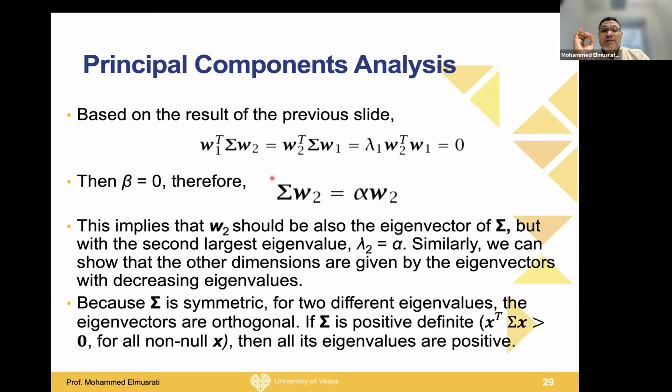Those 20 features, the new dimensions, every feature is a linear combination of the original 50 features. So you have to remember this. Every feature of those 20 is a linear combination of the original 50. So you cannot simply drop the original features, but you can project them into that new 20-dimensional problem.